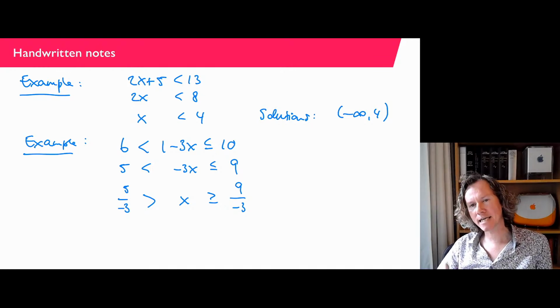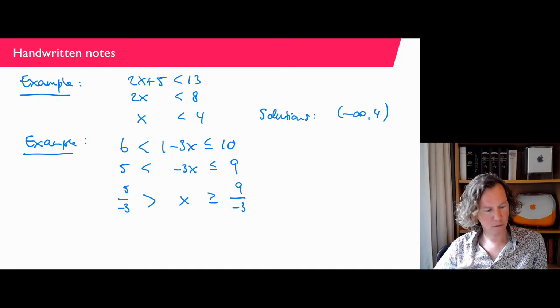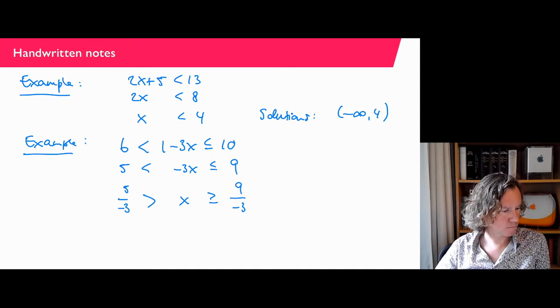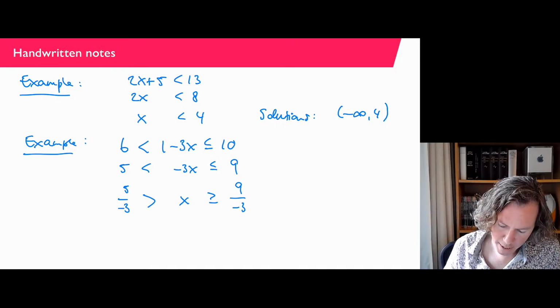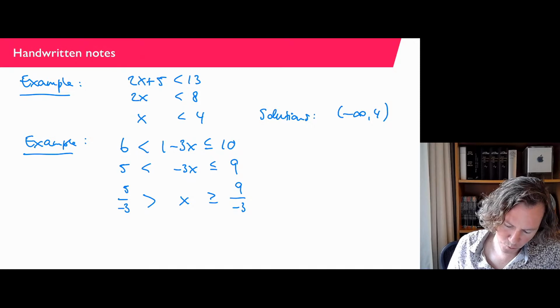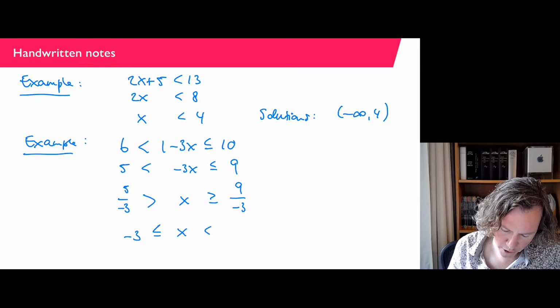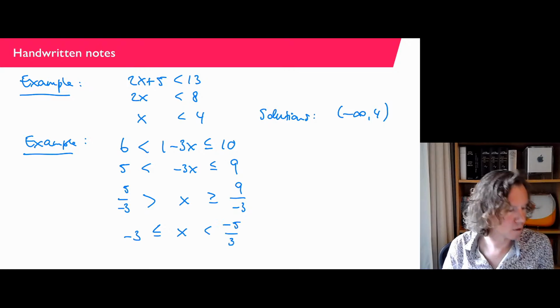So if you have a negative coefficient of x, the sign swaps, and I can rewrite this 9 over minus 3, that's minus 3, and I'm going to write that here, and then less or equal x is less than minus 5 over 3.